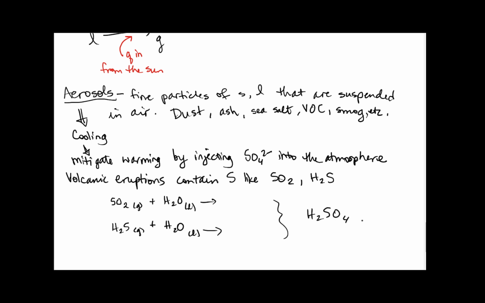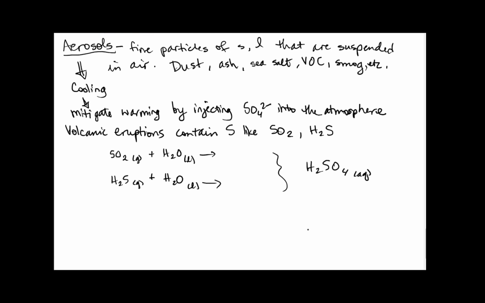I'd like you to think about not only what these chemical reactions are, but how we are making this sulfuric acid, that's what H2SO4 is, and what kind of possible impacts you could imagine, even before you do research, if we inject this into the stratosphere.